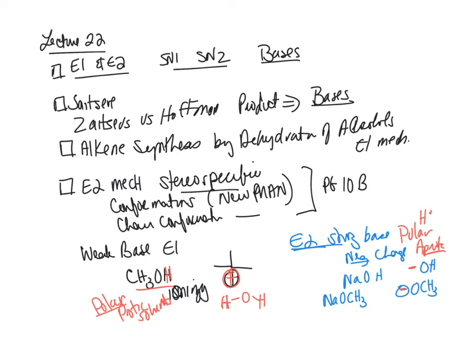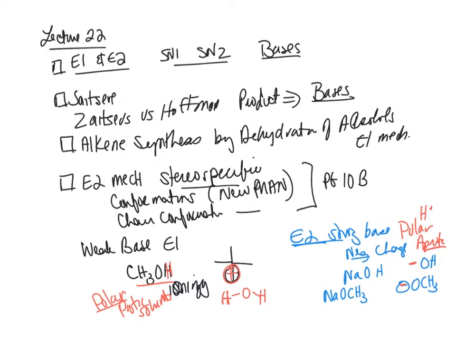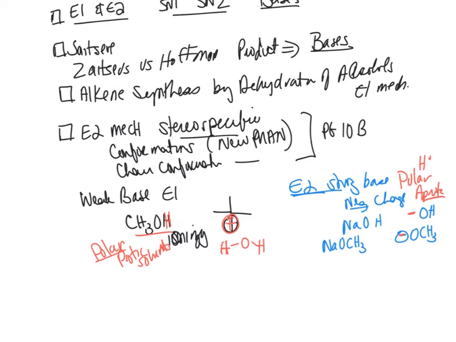And the effect of the substrate is going to be the same. So here you're going to see the tertiary rate of reaction will be faster than secondary, faster than primary. In fact, primary usually will not go E1, because you're going to have to compete with substitution.